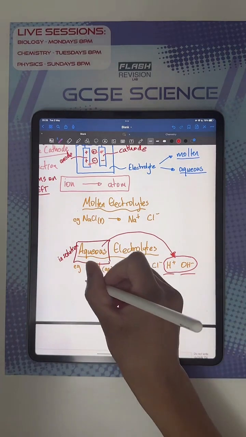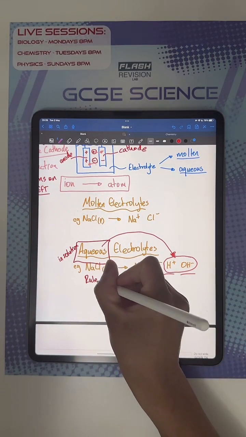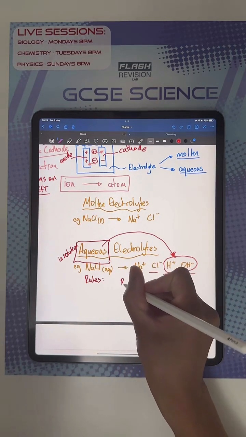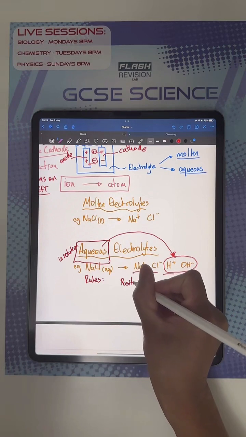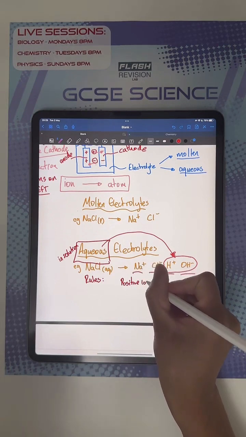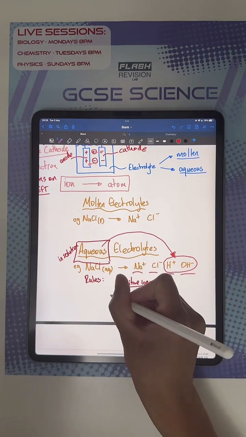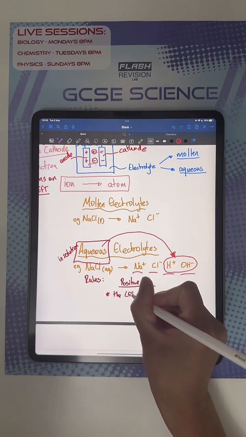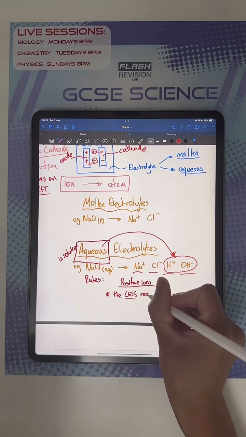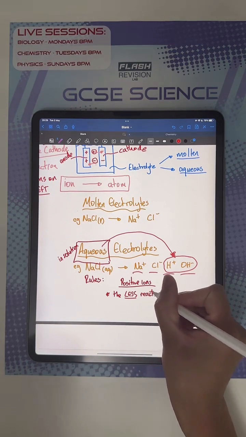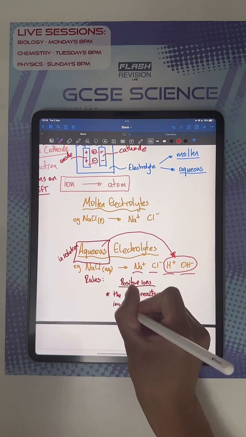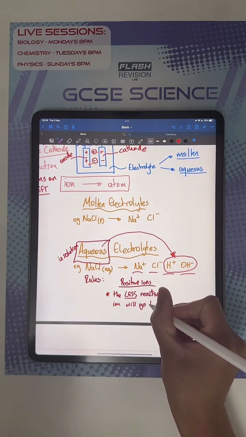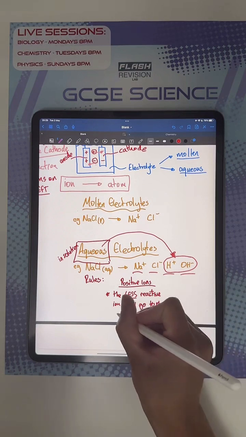So the rule for the positive ions is the less reactive ion will go to the cathode.